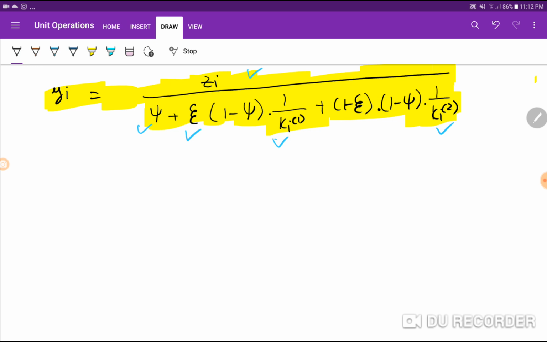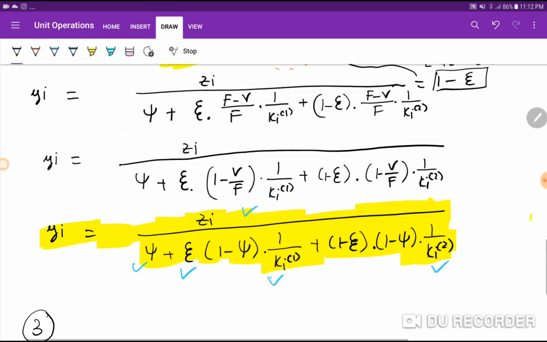Now what I'm going to do in this video is the same thing for xi1 and xi2, and then I'm going to establish a connection to have a new equation to solve numerically for psi and epsilon. Okay, so from 3, you can take a look at my video if you don't know what 3 is.